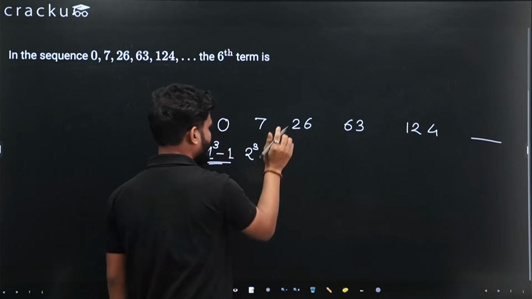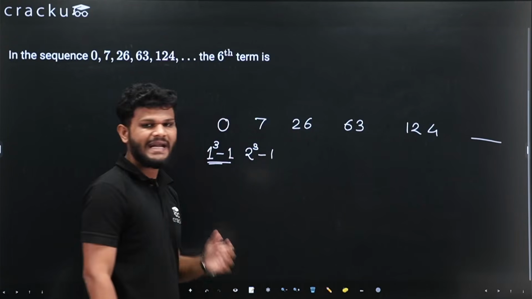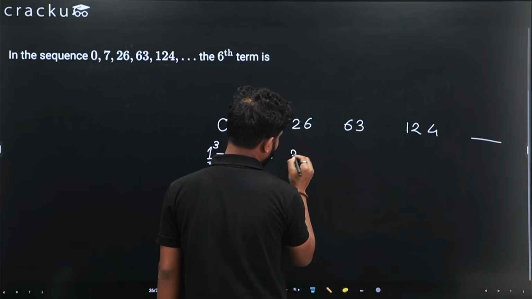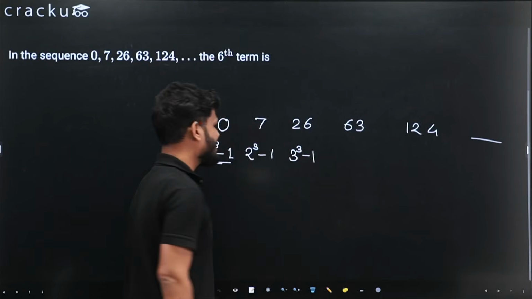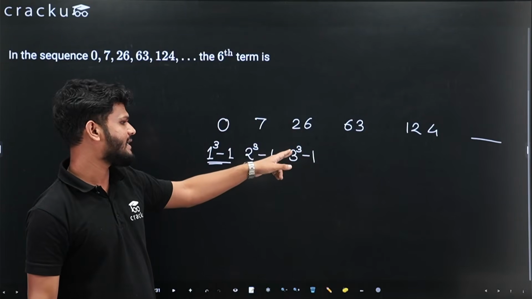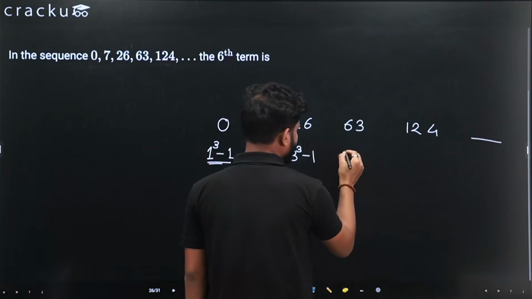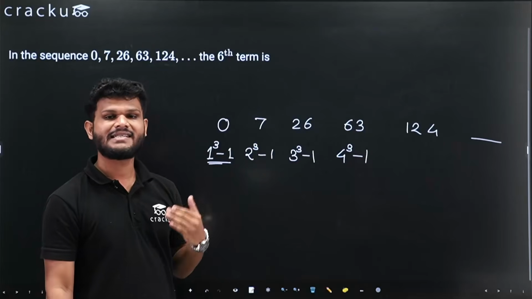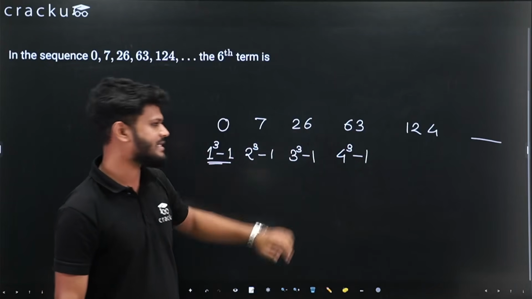2 cube minus 1 is 8 minus 1, 7. This is 3 cube minus 1. 3 cube minus 1 is 27 minus 1, 26. This is 4 cube minus 1. 4 cube is 64, 64 minus 1 is 63.